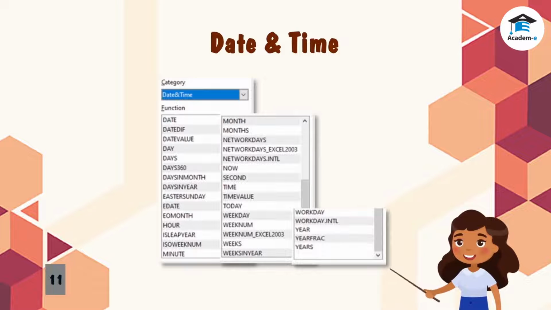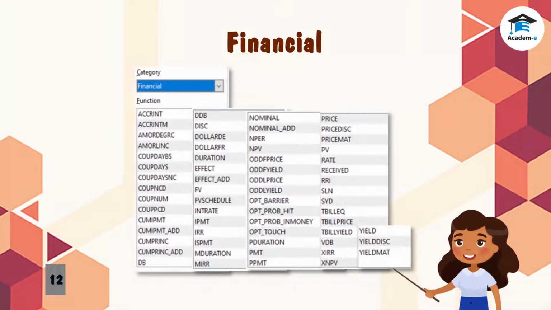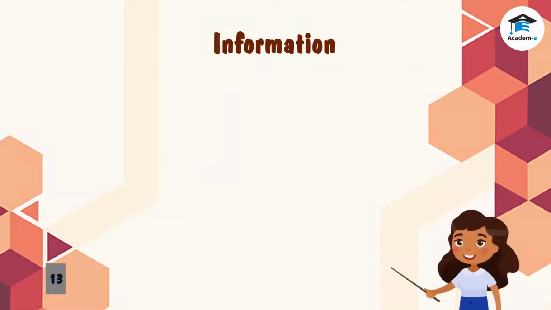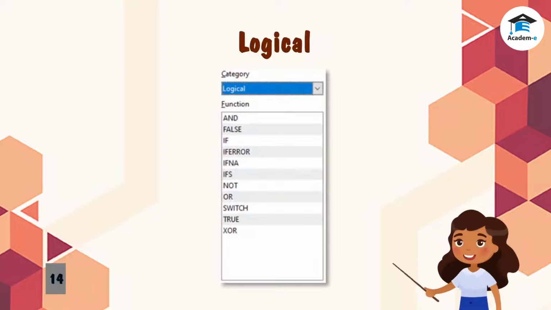These spreadsheet functions are used for inserting and editing dates and times. Financial. This category contains the mathematical finance functions. Information. This category contains the information functions. Logical. This category contains the logical functions.